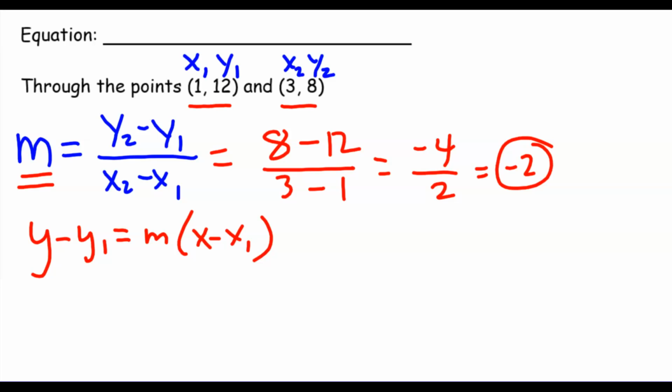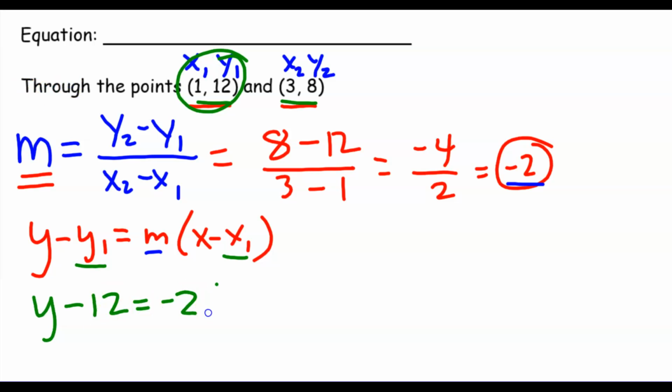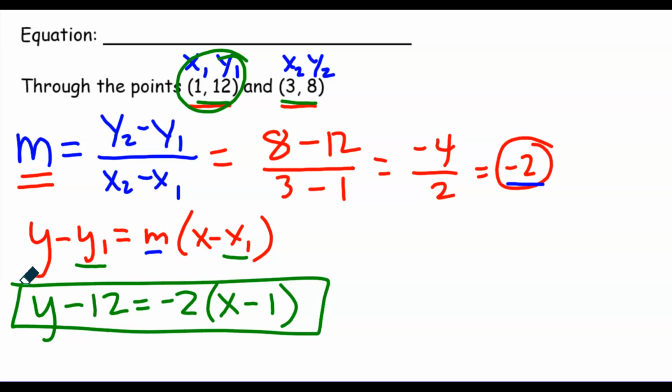And to use the point slope form, all I have to know is the slope, which I do, and the coordinates of one point, which I do. Then I can pick either one. So I'm just going to write y minus, I'm going to pick this point because it looks easier, 12 equals the slope times x minus 1. That is an equation for the line.